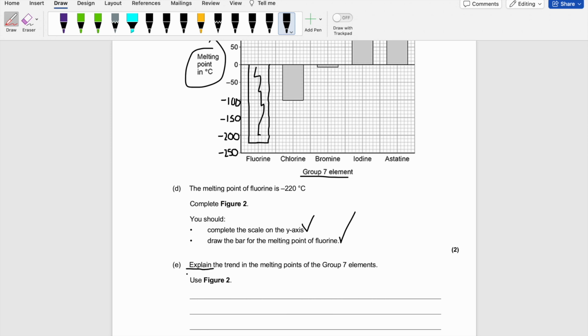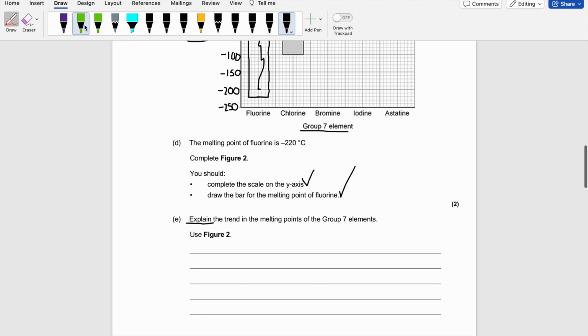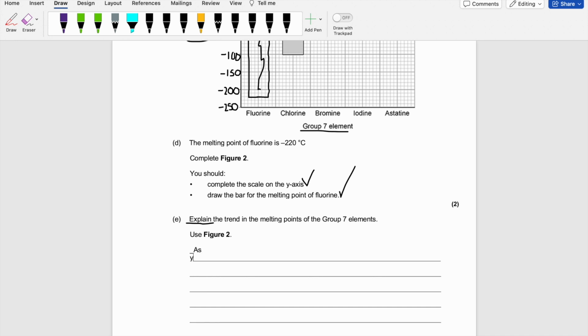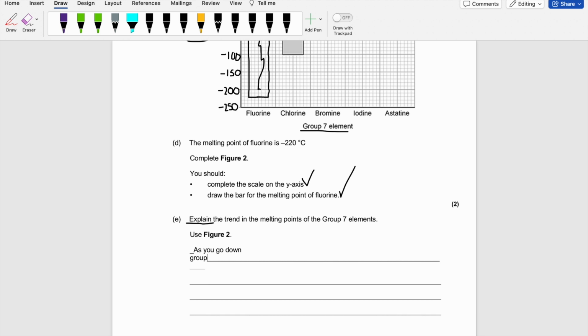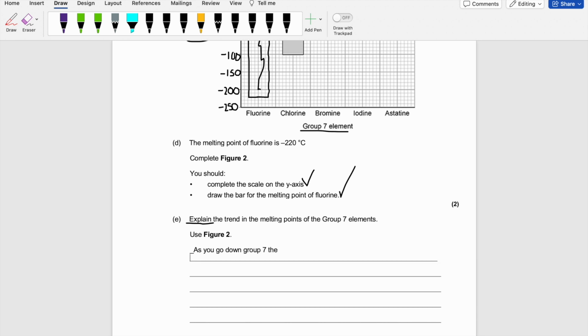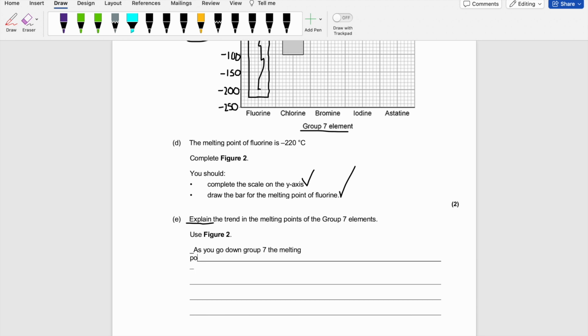Okay, so I'm going to use my typing feature at the minute, because it'll take me a long time to draw that out. So first of all, I'm going to state what the trend is. So as you go down group 7, the melting point increases.